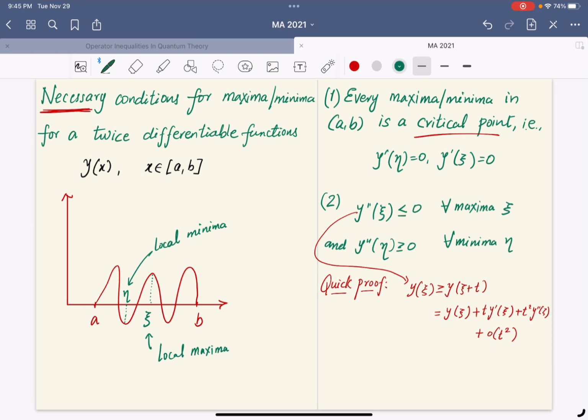So here we have y prime z equal to 0, and y(z) cancels from both the sides of this inequality. So what we get from here is that y double prime z, the double derivative of y at z, is less than or equal to little o of t square divided by t square, and this quantity by definition goes to 0 as t tends to 0. And by taking t tending to 0, we get this inequality: y double prime z is less than or equal to 0. Now by similar method, you also get the inequality for the other case.